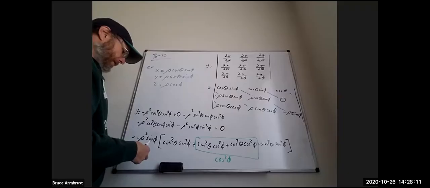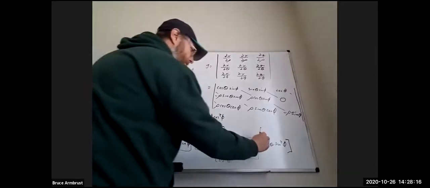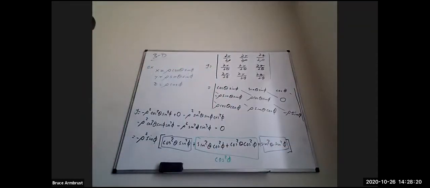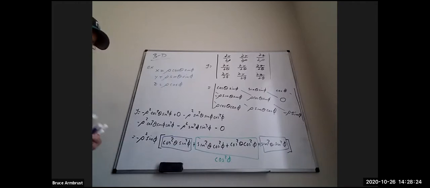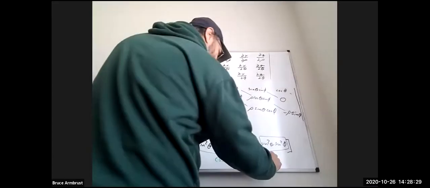By a similar argument, for these two, if I factor out a sine squared phi, I'm going to get cosine squared theta plus sine squared theta times sine squared phi. So that's just sine squared phi.